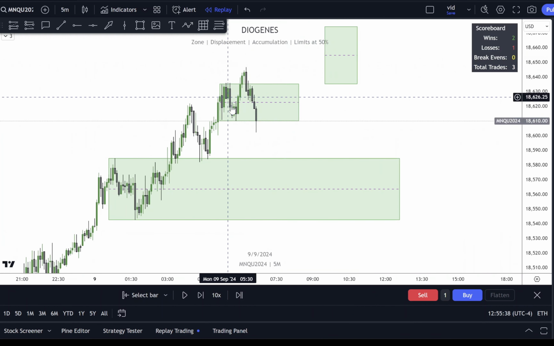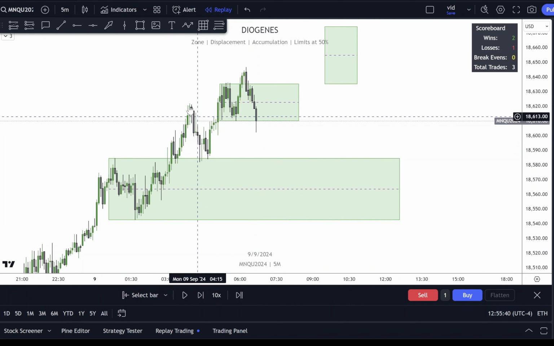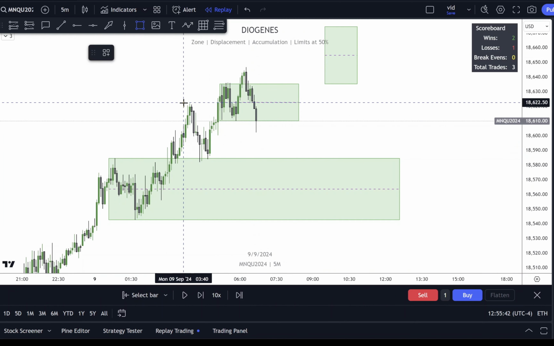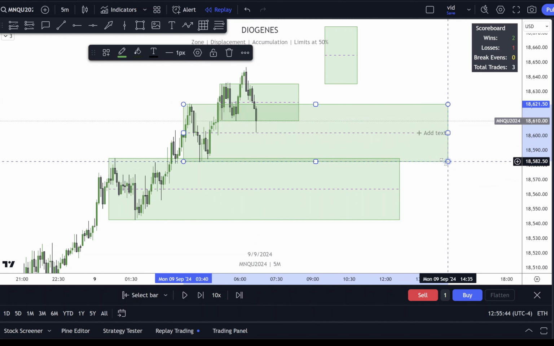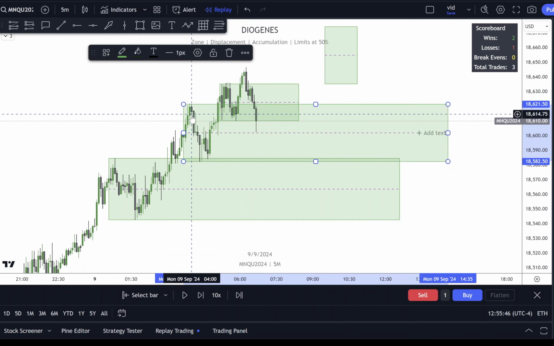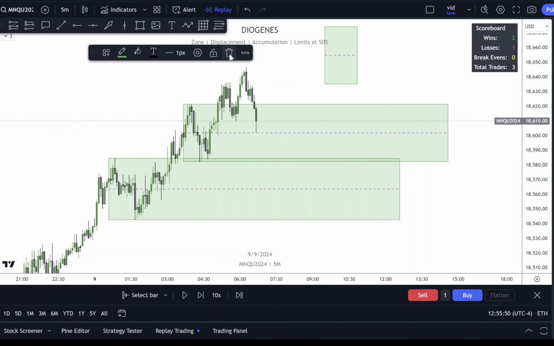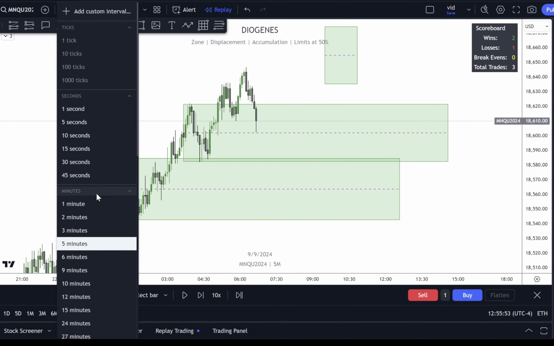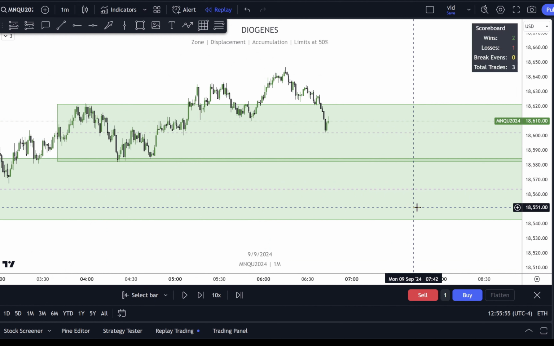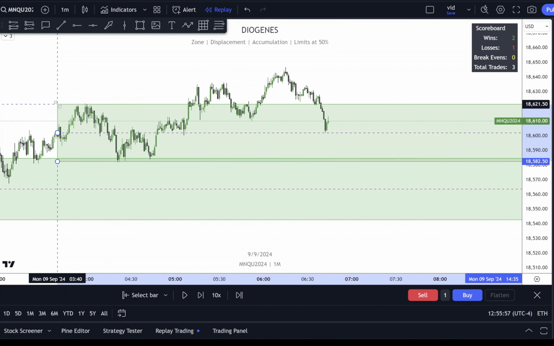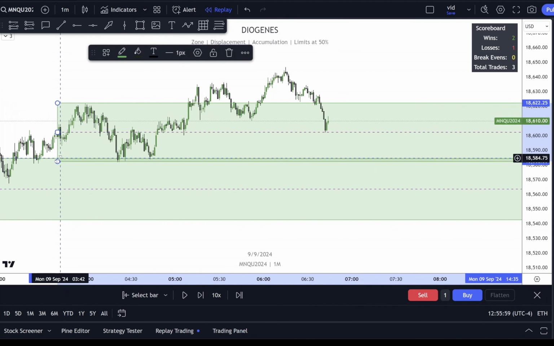If you saw that this zone was not even valid and it has this unmitigated zone under, this one was valid. So maybe you will take this instead of taking the loss I just took. Okay? I'm explaining to you how you think about it and how you can avoid stupid losses, right?